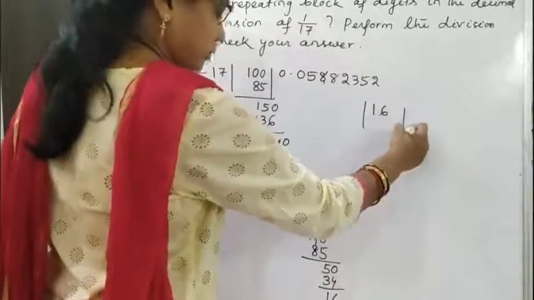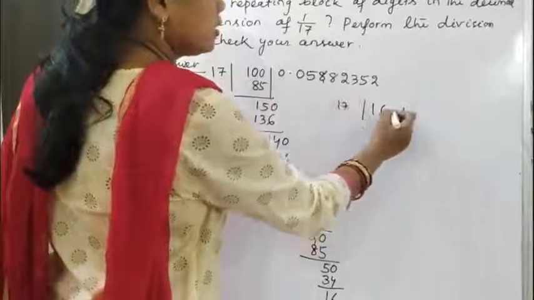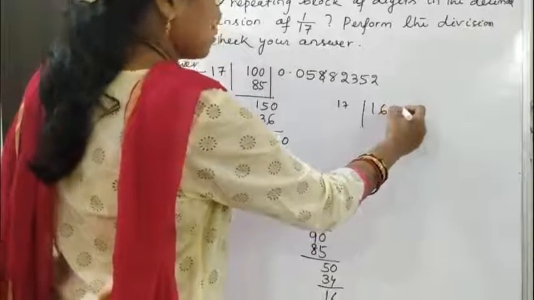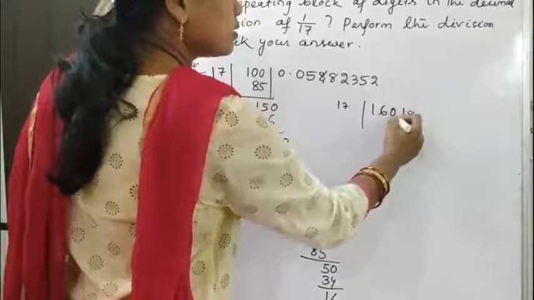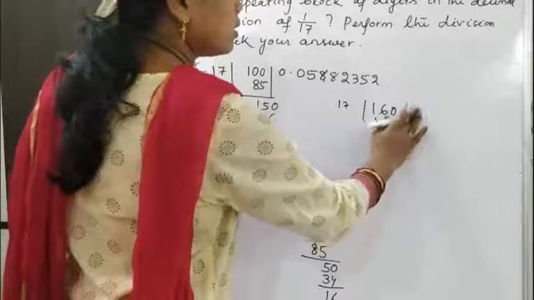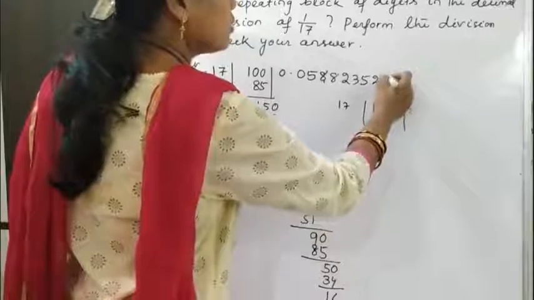Then we continue here. 16 by 17. Then 17 eights are 136. 17 nines. So here we put 9.